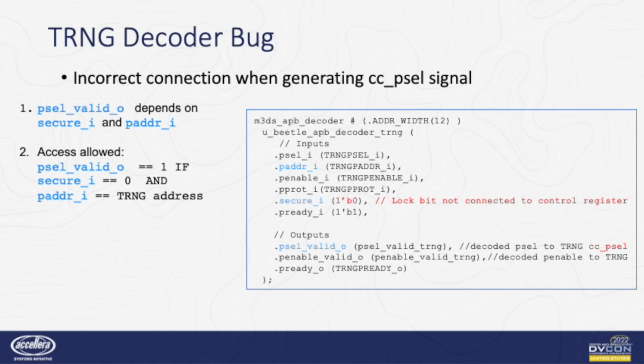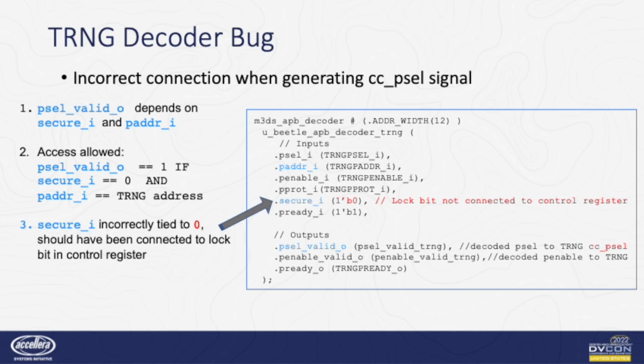Now, if we examine the RTL code, we find that pcell_valid_0 is a 1 if secure_I was a 0, which means it was not locked, and that the p_address was the address of the TRNG. So what's happened here is that the secure_I has been incorrectly tied to 0 and should have been connected to the lock bit in a control register.